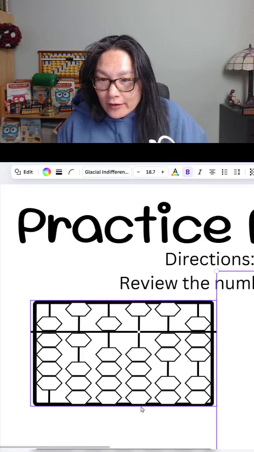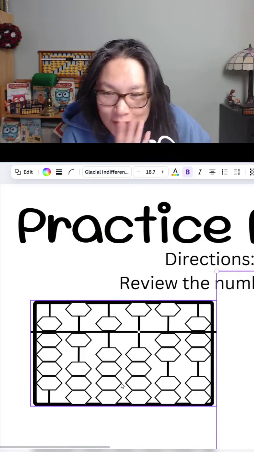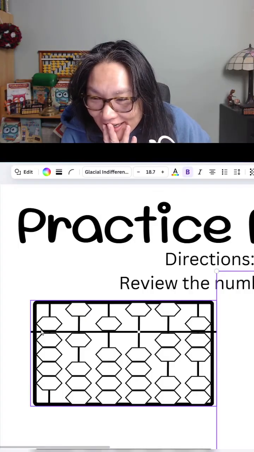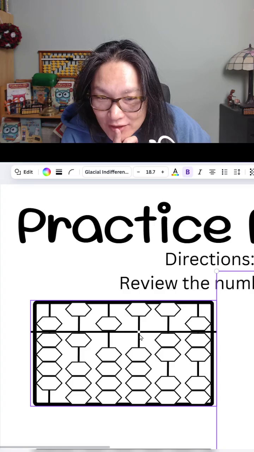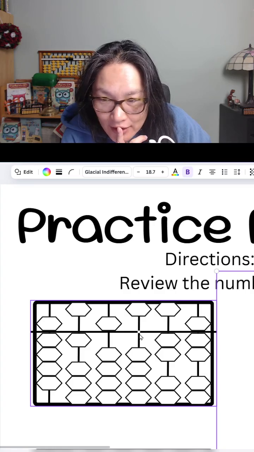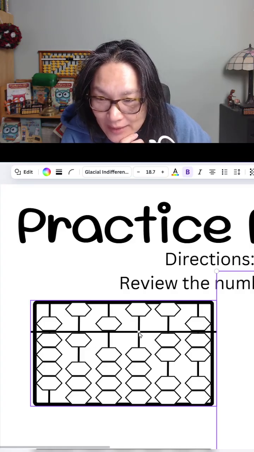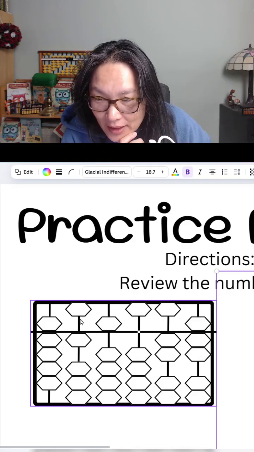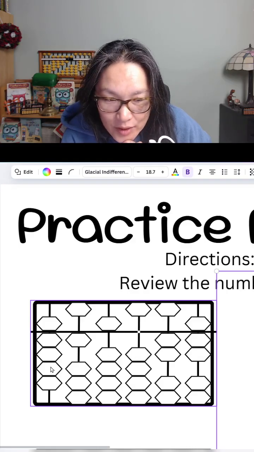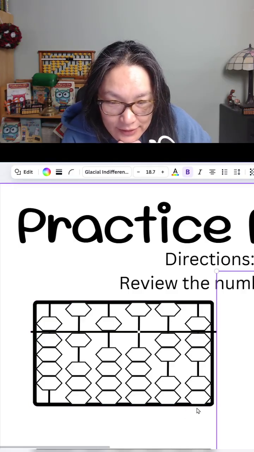Okay, there we go. What number do you think that is? So here, if you notice, there's my indicator that this is my ones. So if this is my ones, my tens, my hundreds, and my thousands, what number do you think this is?